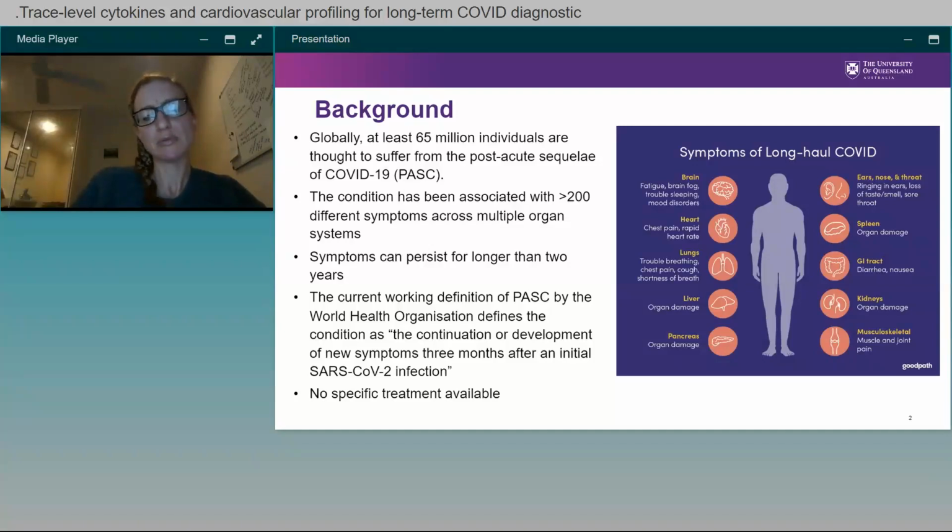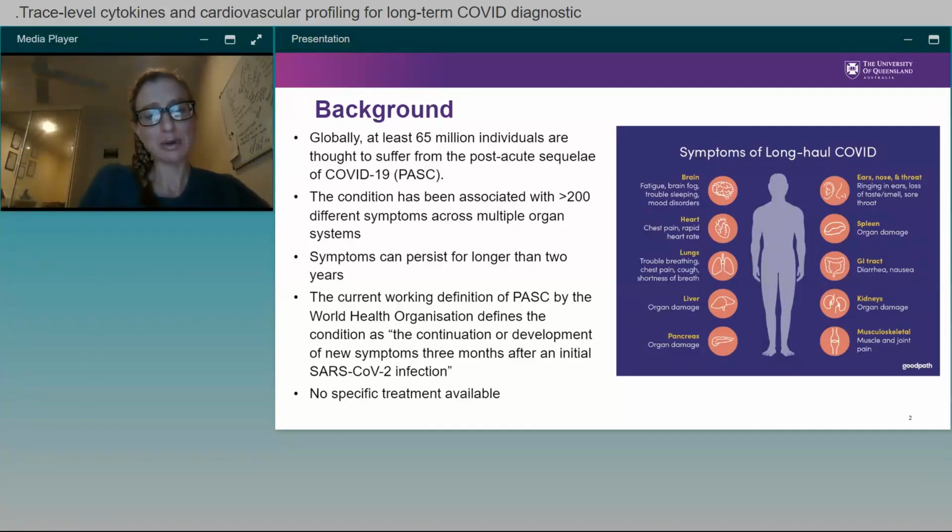One of the major problems we have with PASC or long COVID is that we don't really have a good definition of the illness. The current WHO definition says that this is the continuation or the development of new symptoms 3 months after an initial SARS-CoV-2 infection that doesn't really have any other explanation. So this is incredibly vague.